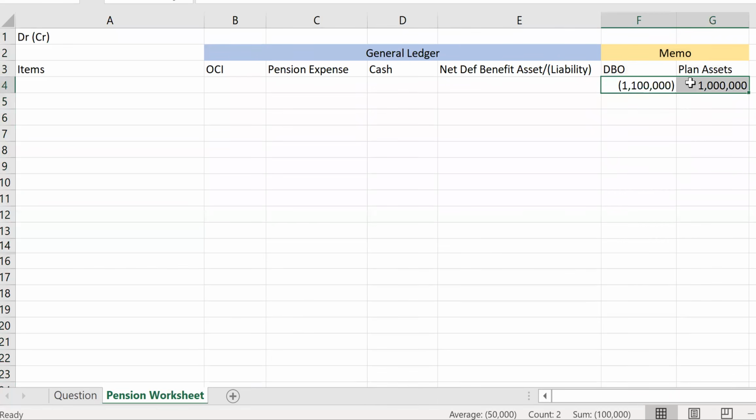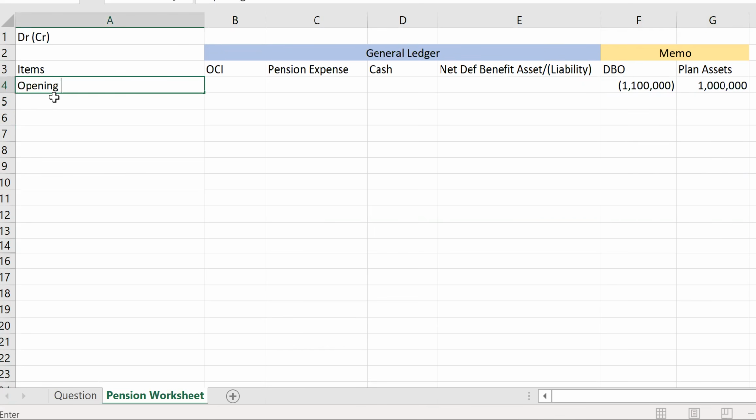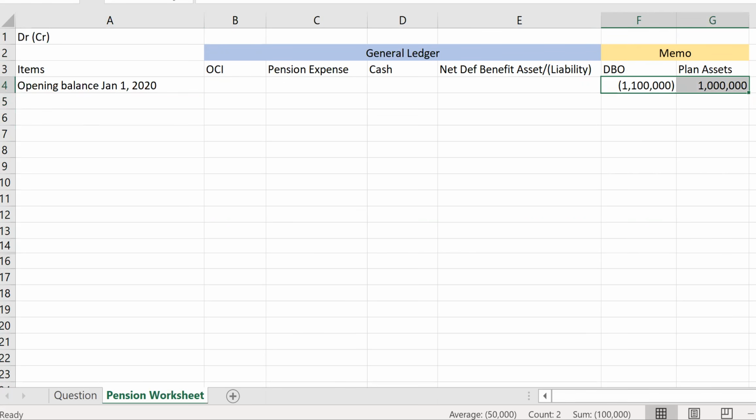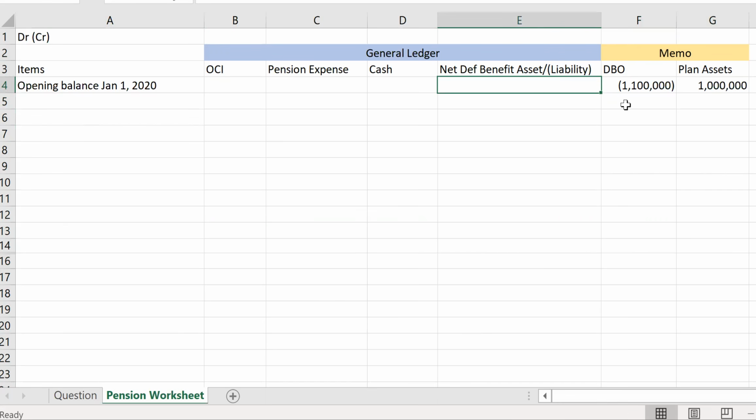So what is the net defined asset or liability as our opening balance January 1st, 2020? Well, it's going to be the difference between these two amounts, meaning that the plan is unfunded by $100,000. We've got a liability of 1.1, but we've only got plan assets of $1 million. So we've got a negative $100,000 net defined asset or liability.